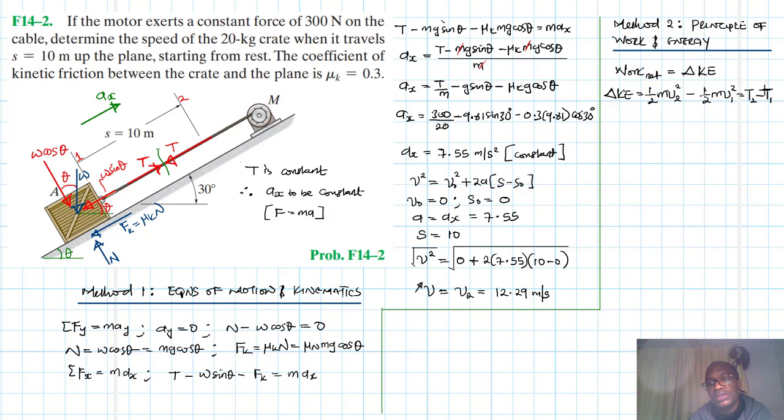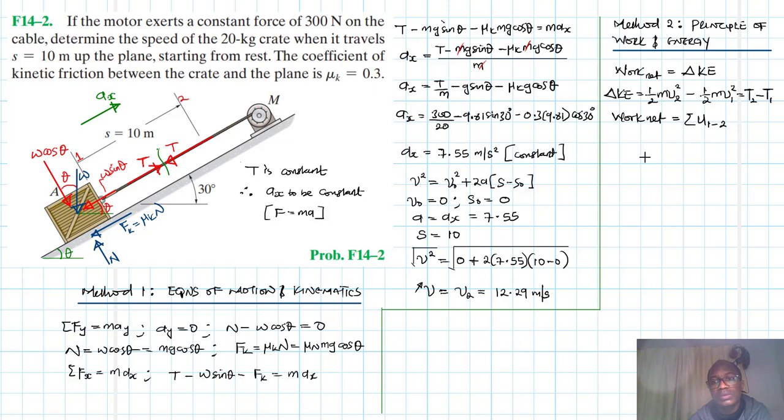These are T's. And the net work is equal to the summation of the total work from point 1 to point 2.